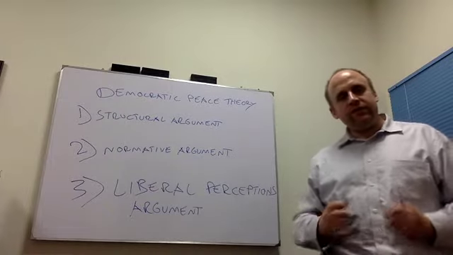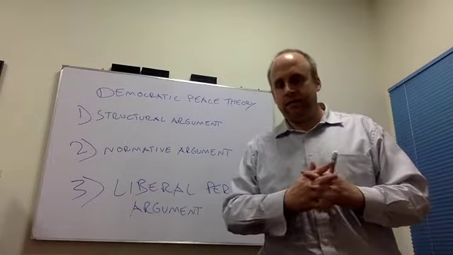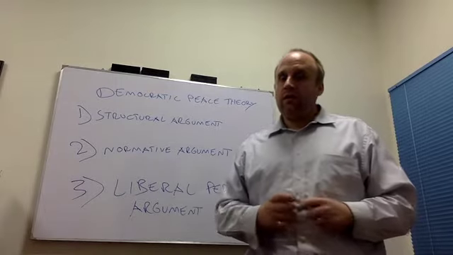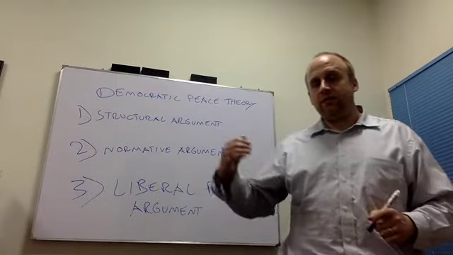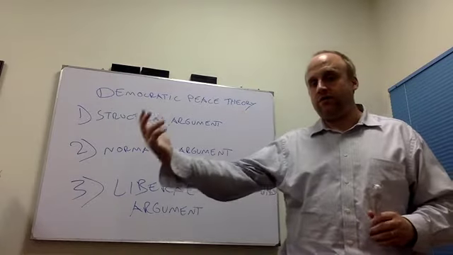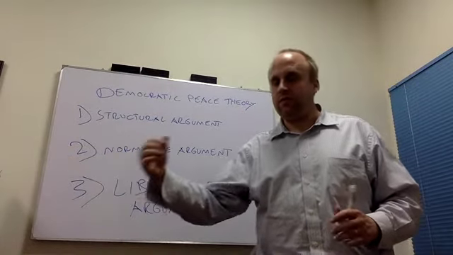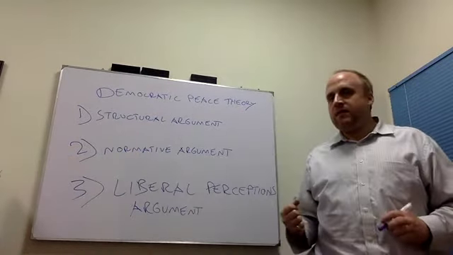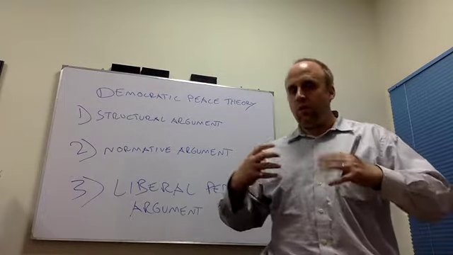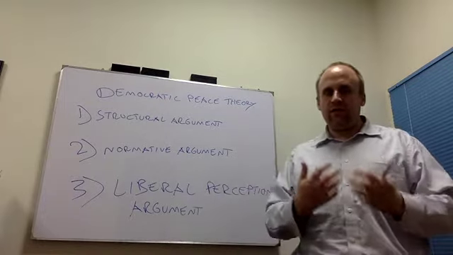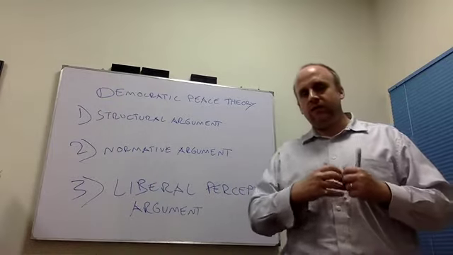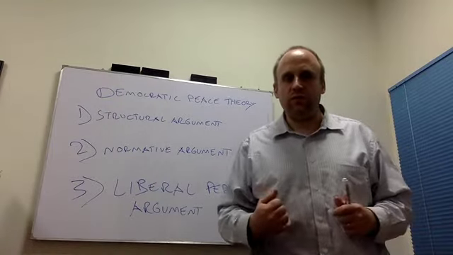Now, if a population does not recognize another country as a liberal society or a liberal state, then they may advocate for war, conflict, if there are already tensions between those two countries.